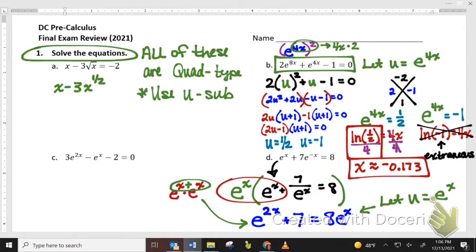Or sorry, not 1/2 x, or 3x to the 1/2. Sorry. You could rewrite it like that. But then you would still let u equal x to the 1/2. Because if you did x to the 1/2 squared, you multiply those two powers together, and that would give you just x. Does that make sense? Okay.